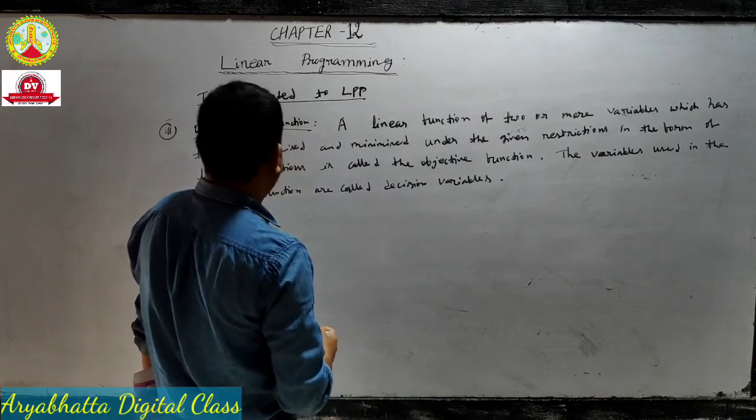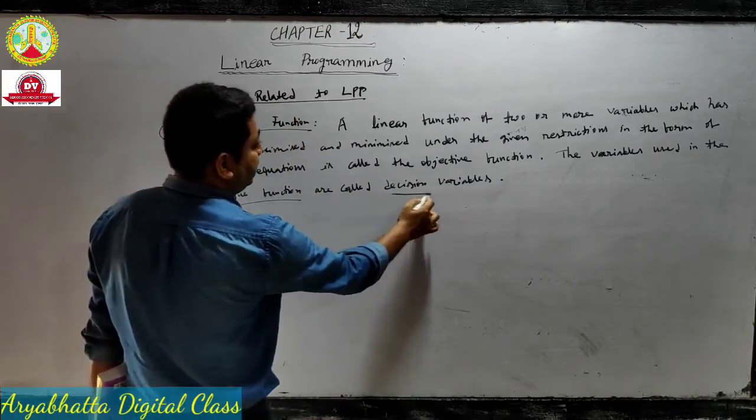The variables used in the objective functions are called decision variables.